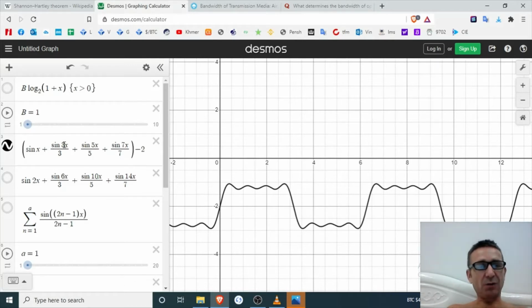We're basically adding all the odd harmonics, right? 3 times the frequency, 5 times the frequency, 7 times the frequency. And down here, I've got a third of the amplitude, a fifth of the amplitude, a seventh of the amplitude. Now I could keep adding on these harmonics again and again and again, and I would get closer and closer to a square wave, right? But for the time being, I've just got the fundamental and 3 harmonics.